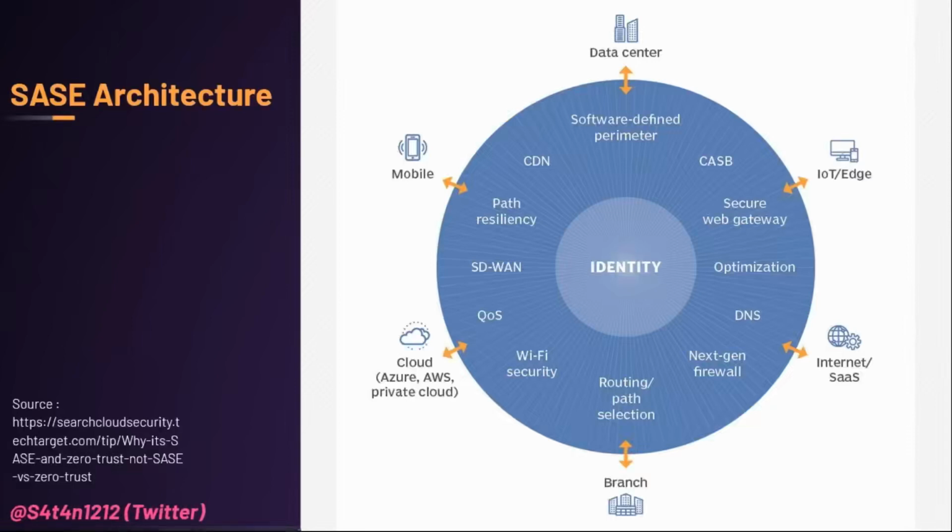Then cost savings: instead of buying and managing multiple point products, utilizing a single platform will dramatically reduce your cost and IT resources. It will also reduce the complexity of the network. You can simplify your IT infrastructure by minimizing the number of security products your IT team has to manage, update, and maintain, consolidating your security stack into a cloud-based network security service.